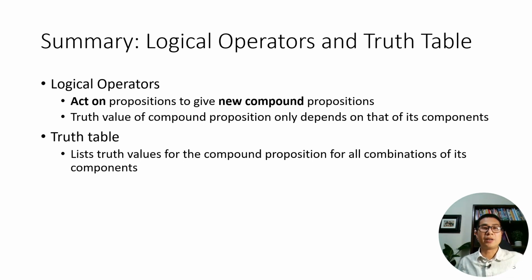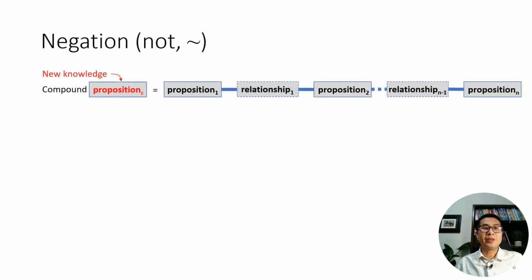Now we're going to move on to the first logical operator, or first kind of manipulation, or first kind of relationship, which is the negation operator, or the NOT operator, and its notation is denoted like this.